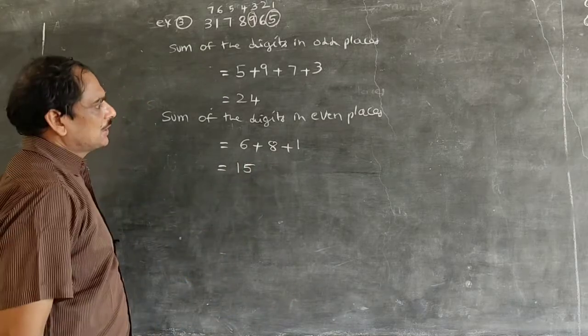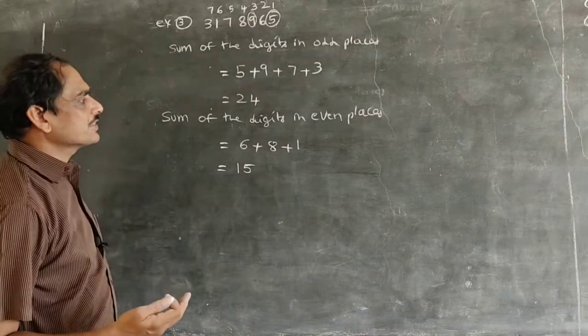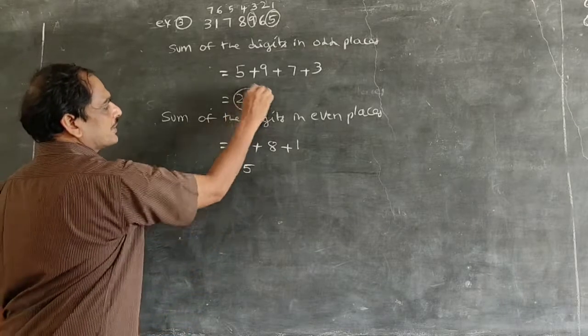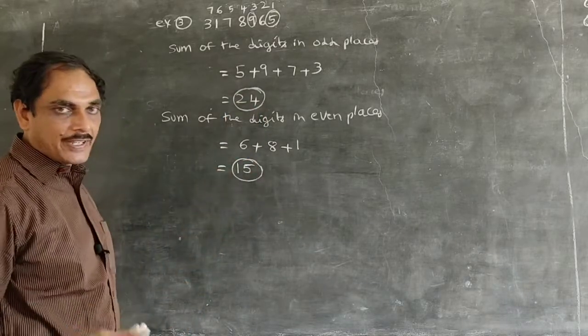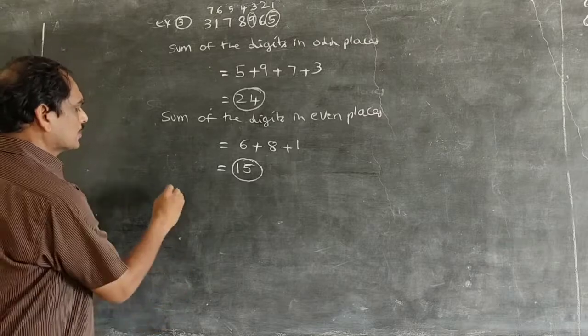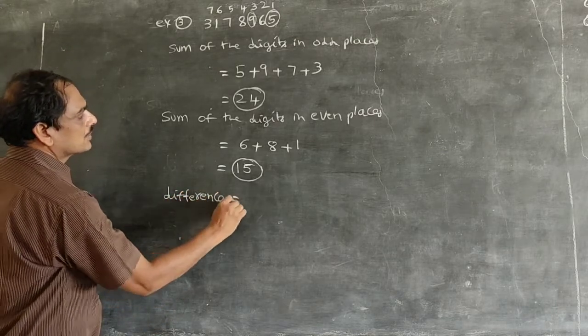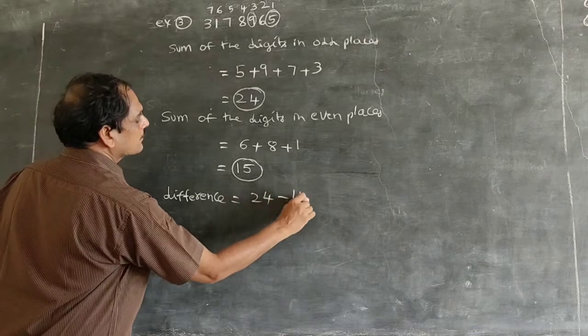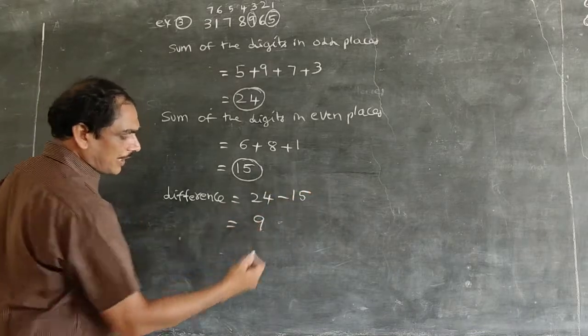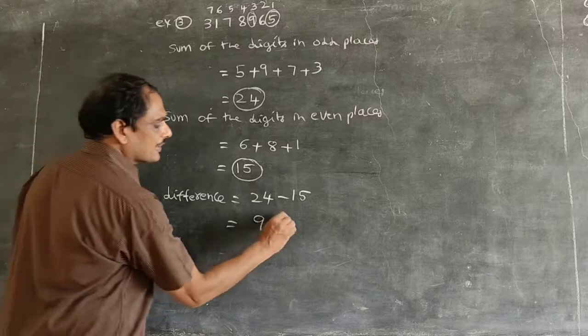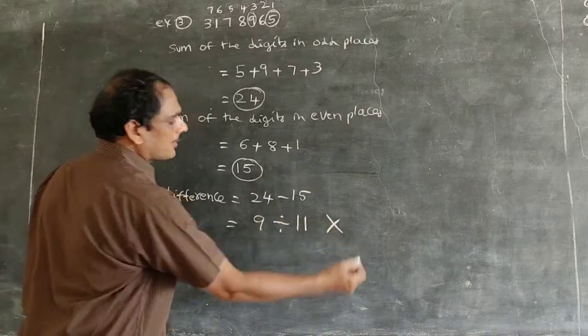So here the sum of the digits in even places is not equal to the sum of the digits in odd places. Next we find the difference between them. So now the difference is equal to 24 minus 15, that is equal to 9. So here the difference is not divisible by 11.